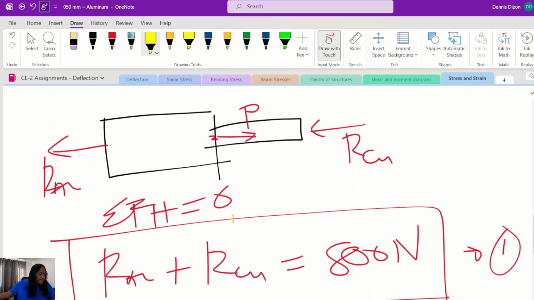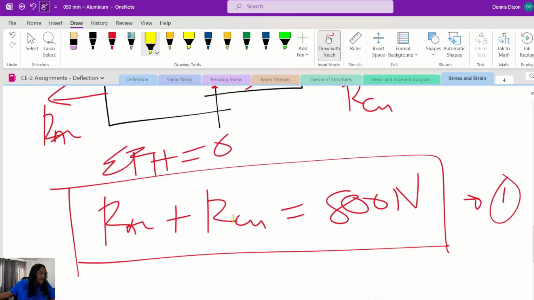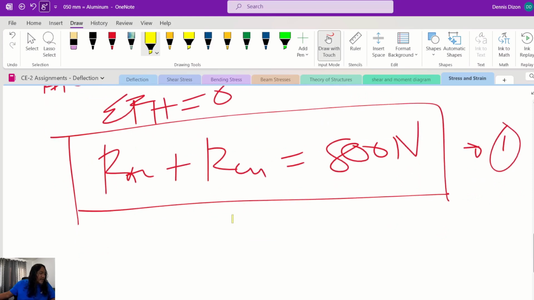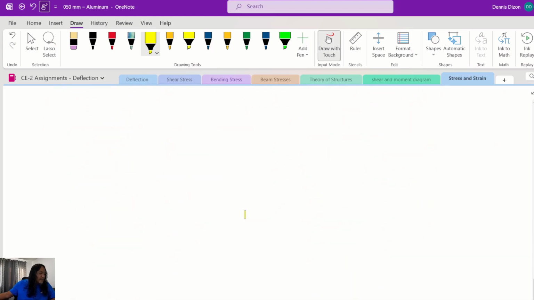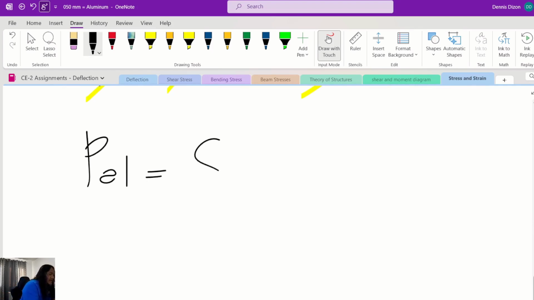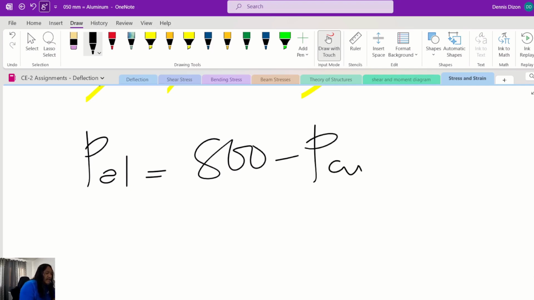So P aluminum is equal to 800 Newton minus P copper, because the forces acting on aluminum and copper add up to 800.